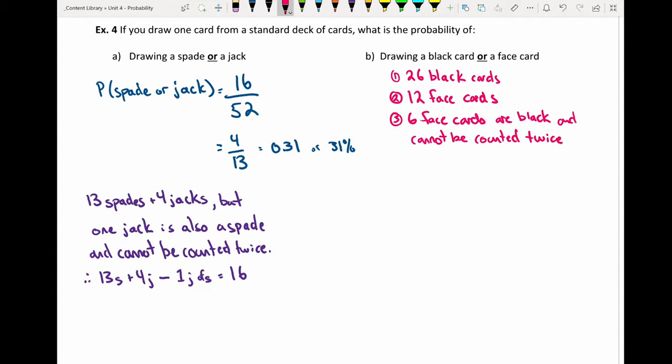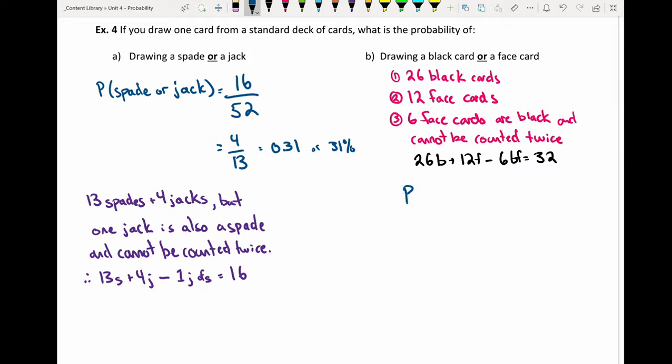If I just did 26 plus 12, I would be counting cards twice. So I need to do 26 black cards plus 12 face cards minus 6 black face cards, which will leave me with 32 possible outcomes.